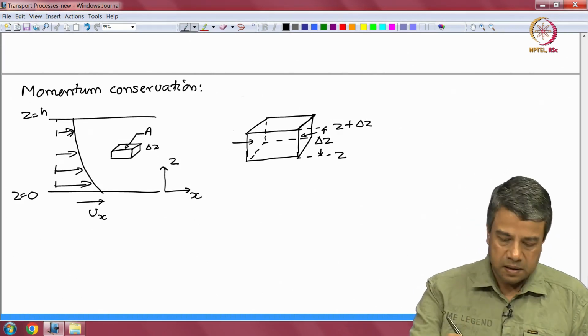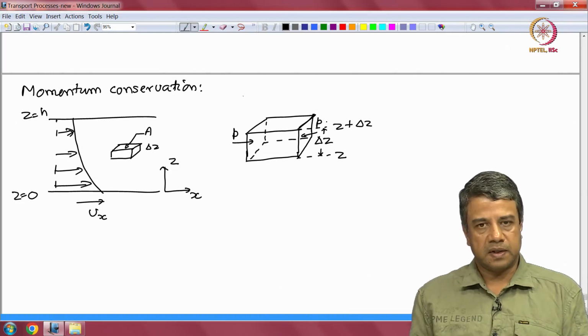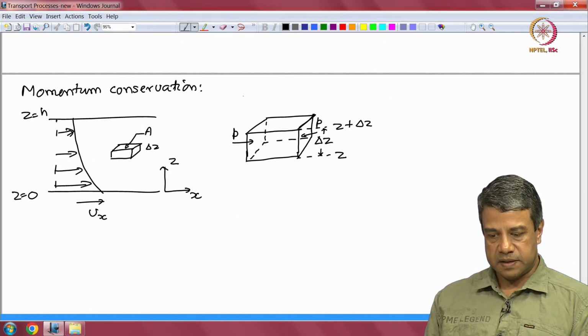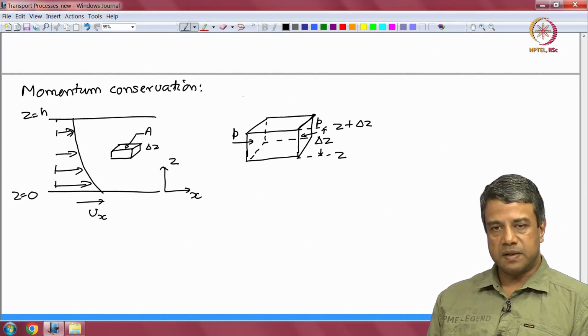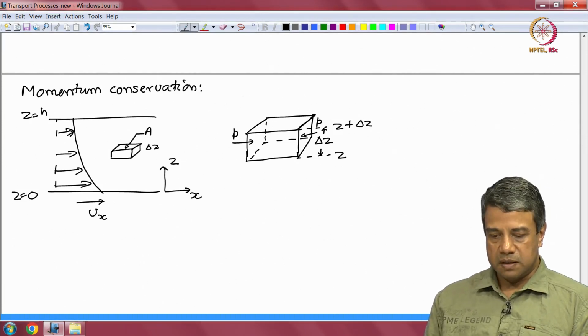The pressure always acts in the direction perpendicular to the surface. Therefore, the pressure force will act on the surfaces perpendicular to the x direction. That is one contribution to the force acting on the surface.